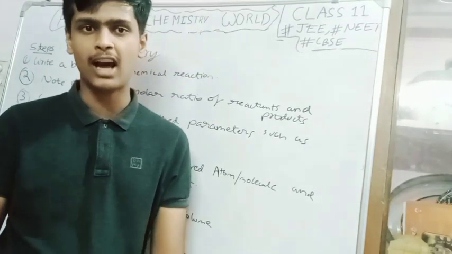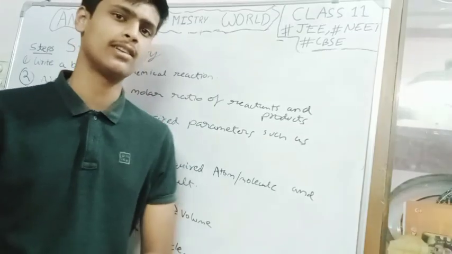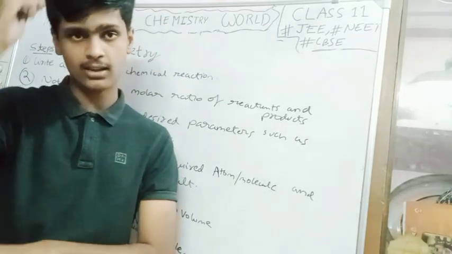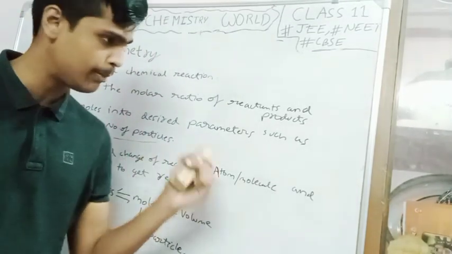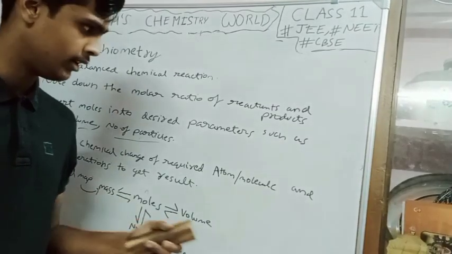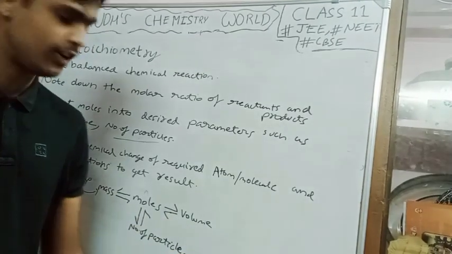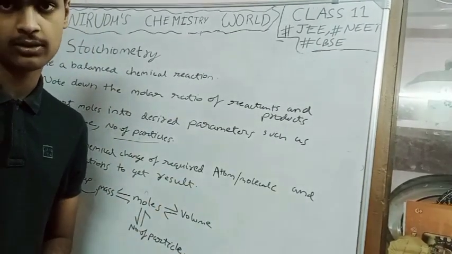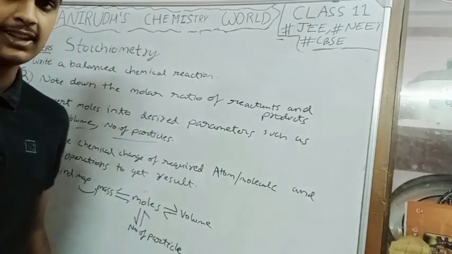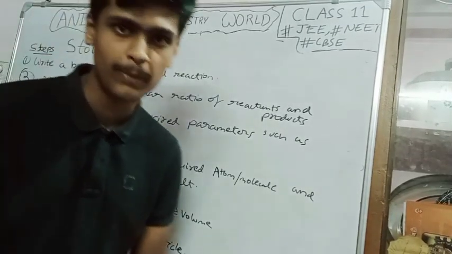Operations means arithmetic calculations to get the result. And what are those arithmetic operations? I am going to tell you in the next part of the video, where I will discuss the question. Let us first deal with this and we will do the question for our better clarity.